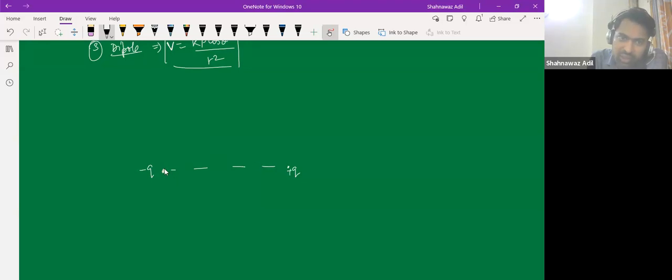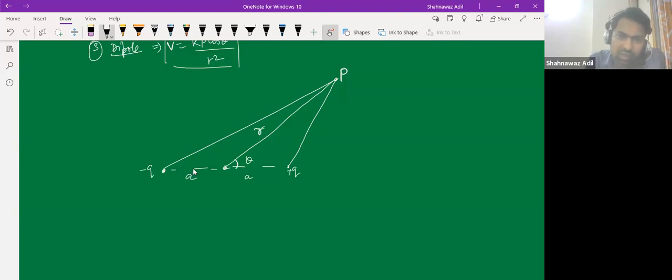And we are calculating the electric potential at this point P. This is making an angle theta with the center. So this was A, this was A, this was theta. This distance was r. Now there are two regions of this dipole.